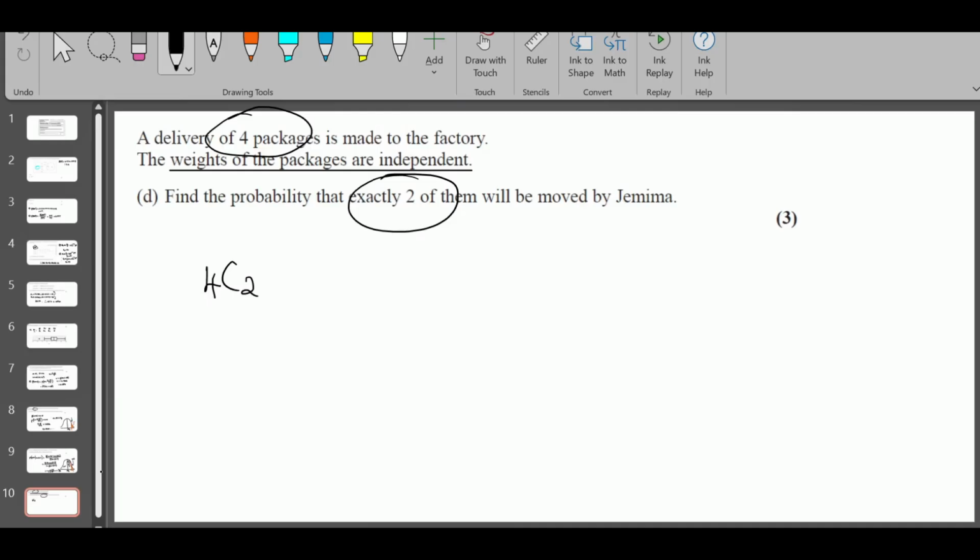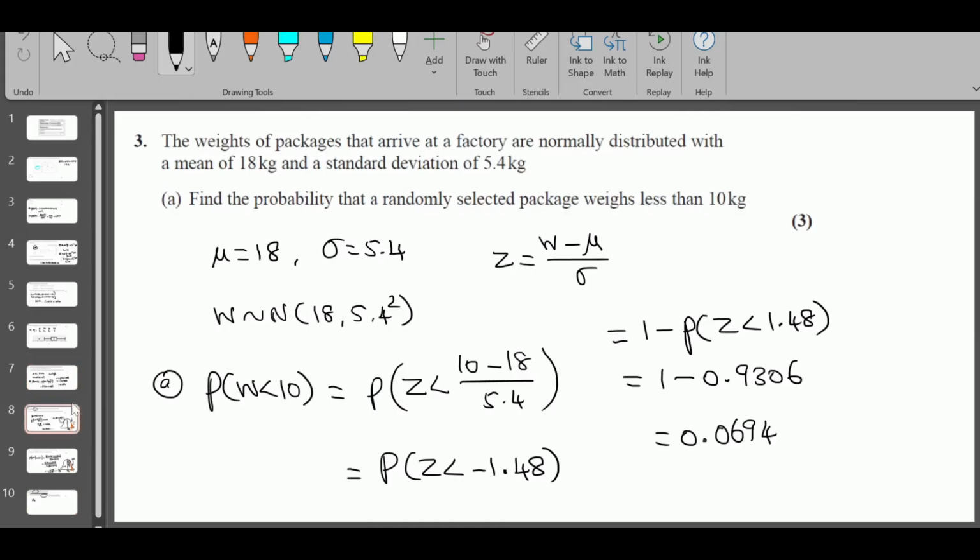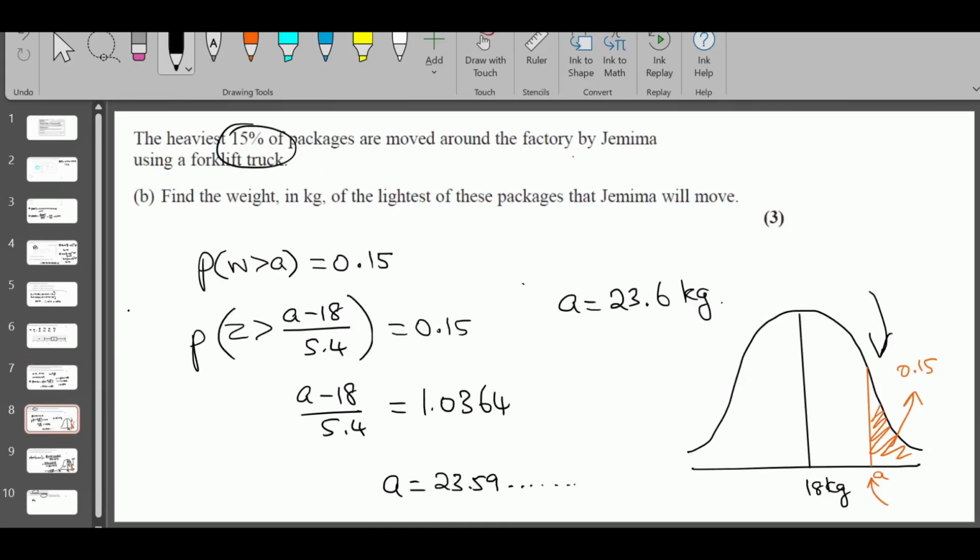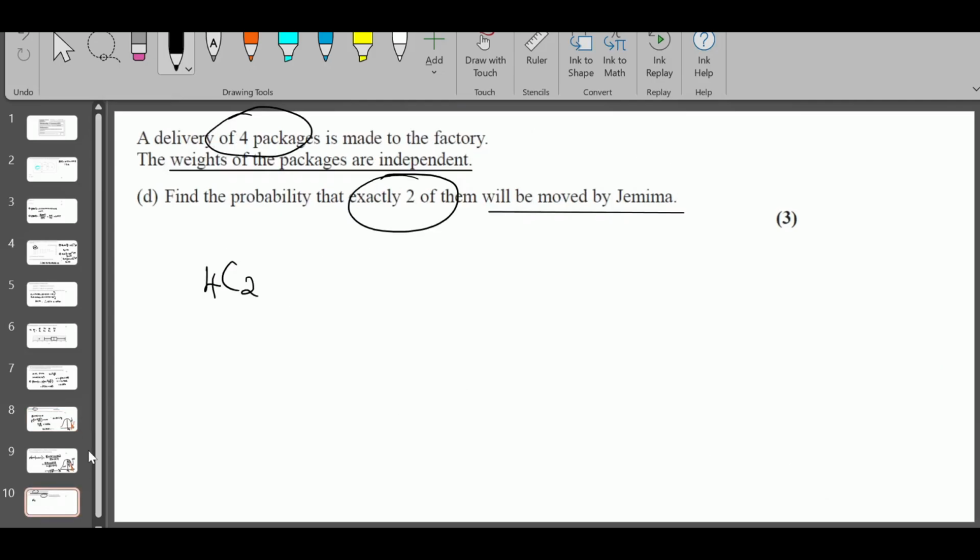And what is the probability of success here? That the package is moved by Jemima. You need to read the question here: only the heaviest 15% are moved by Jemima. So the probability of success is 15%, right?